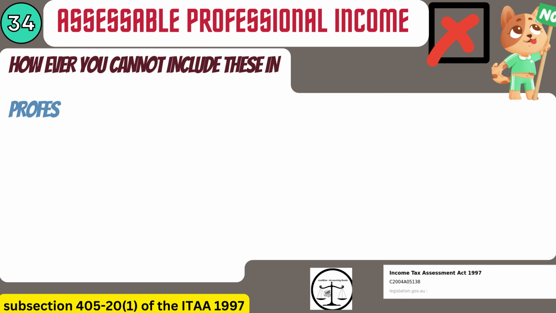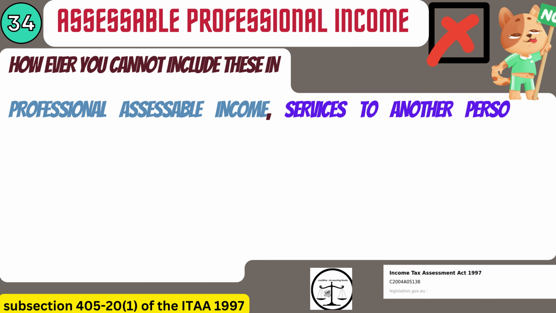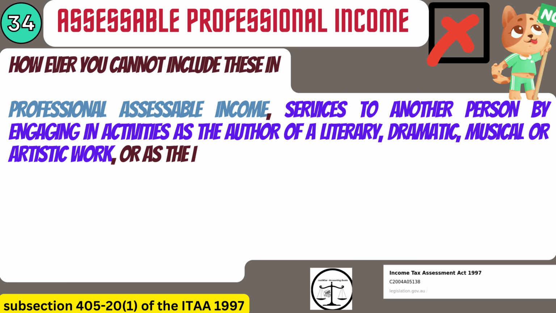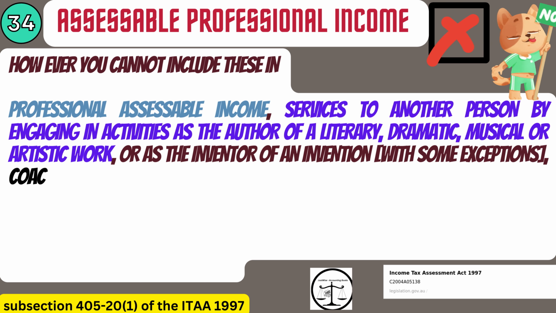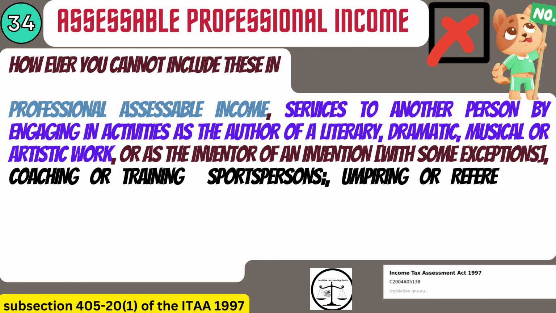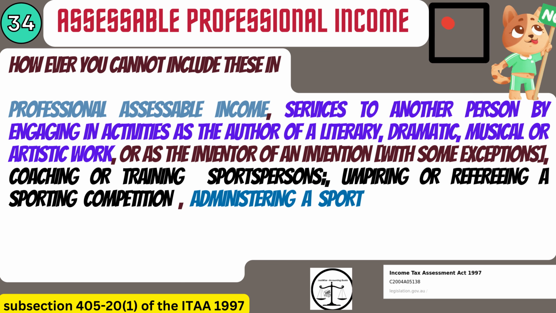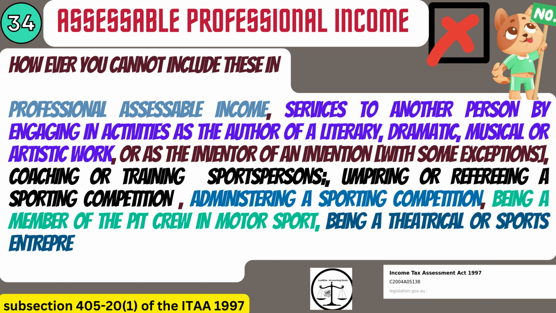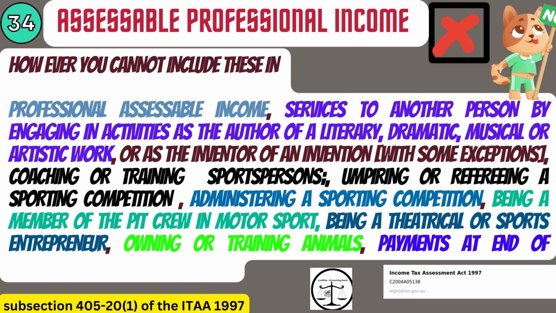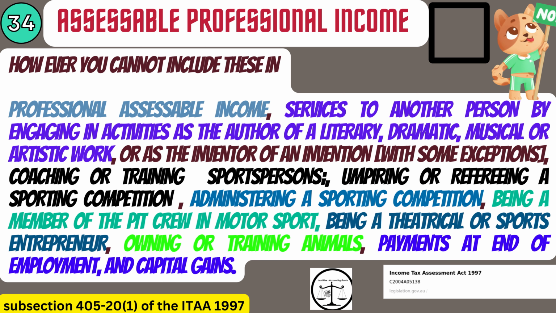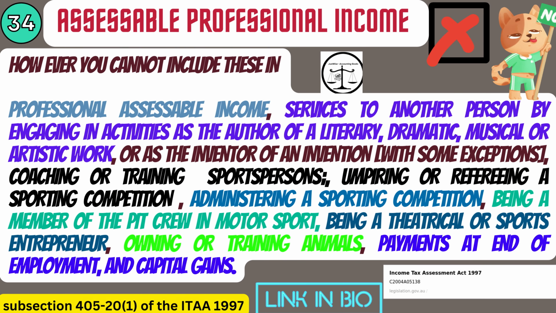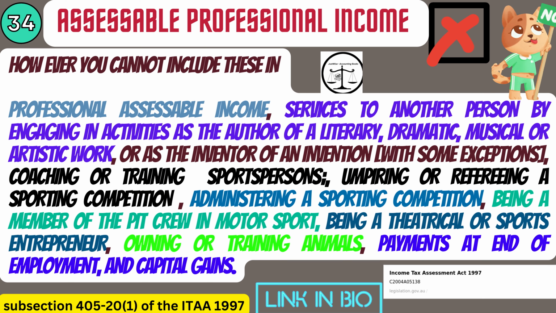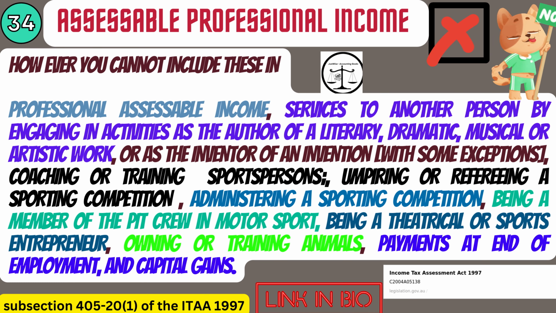However, you cannot include these in assessable professional income: services to another person by engaging in activities as the author of a literary, dramatic, musical or artistic work, or as the inventor of an invention, with some exceptions; coaching or training sports persons, umpiring or refereeing a sporting competition, administering a sporting competition, being a member of the pit crew in motorsport, being a theatrical or sports entrepreneur, owning or training animals; payments at end of employment, and capital gains.